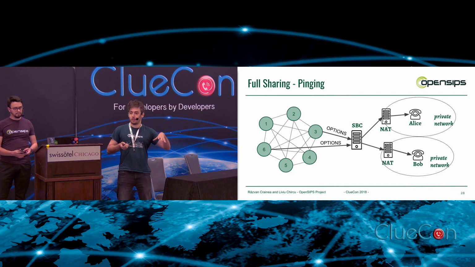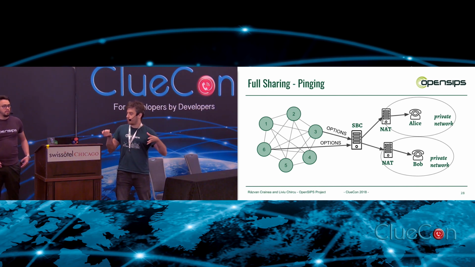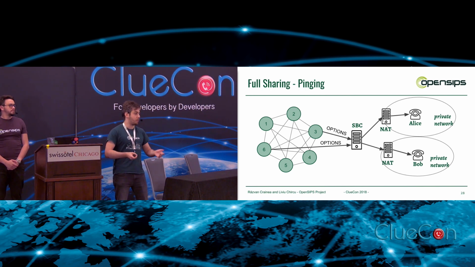And of course, there's going to be some NAT device on the way, and we have to come up with a way of maintaining these NAT bindings alive. And this is typically done using these SIP OPTIONS pings that we push out from the platform back to the phones, say, one time per minute, in order to have reachability.